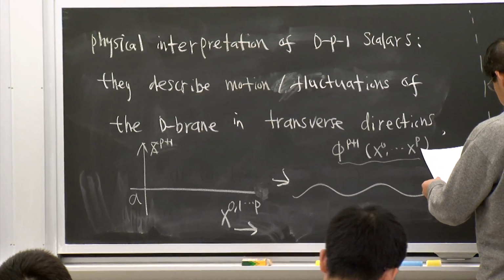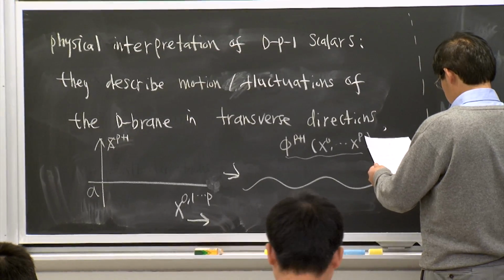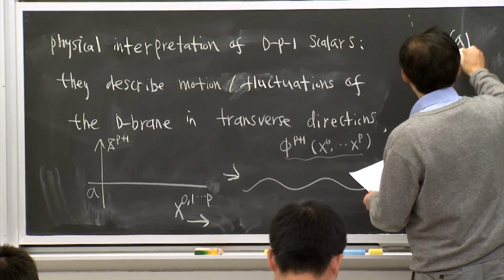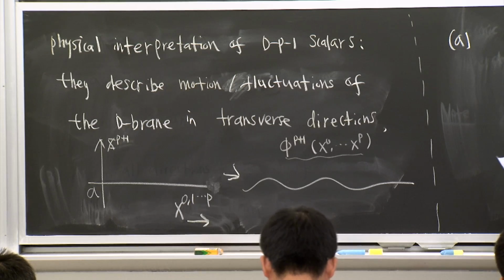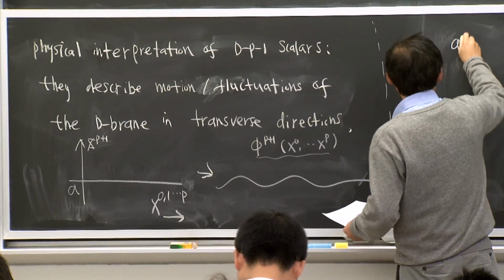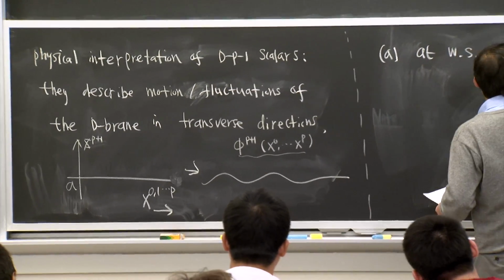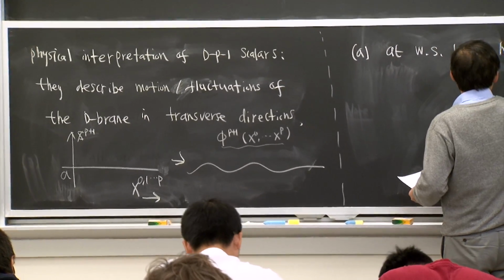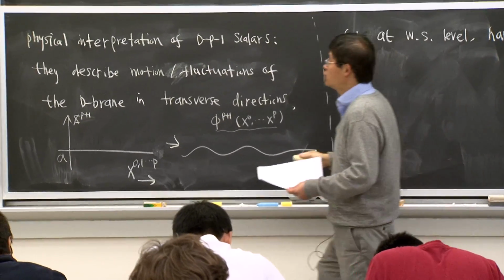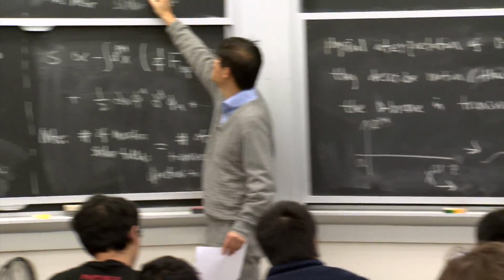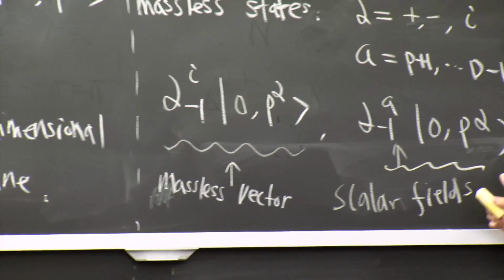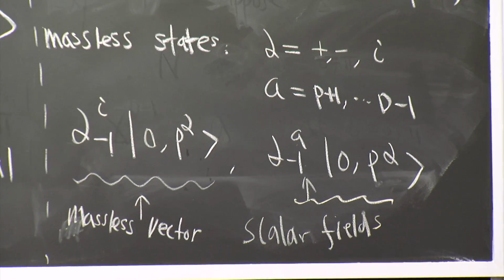First, you can show at the worldsheet level, having such excitations, which I just call phi A excitations.